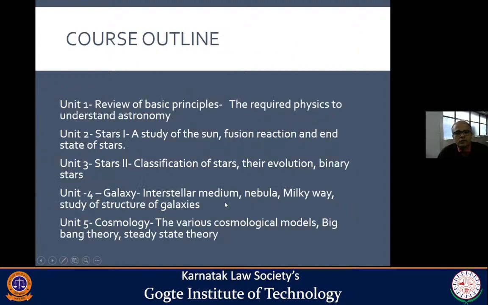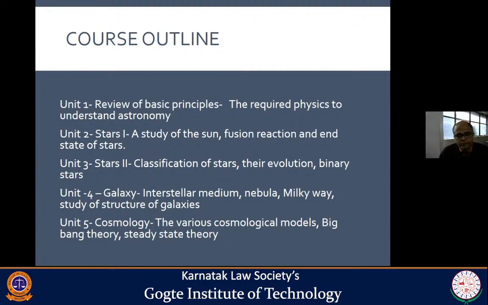So now let's look at the course that we are going to do. There are 5 units as usual, and in the first unit we'll look at the basics of physics required to understand different astronomical phenomena. It involves the special theory of relativity, then thermodynamics.